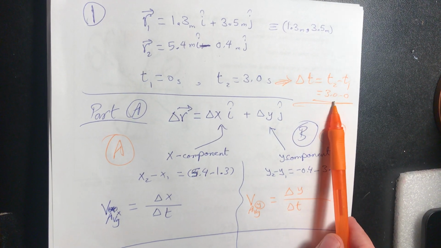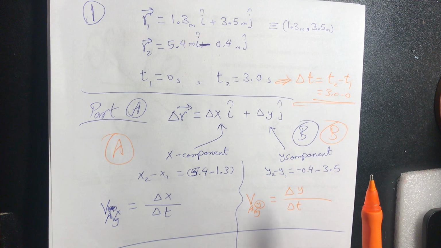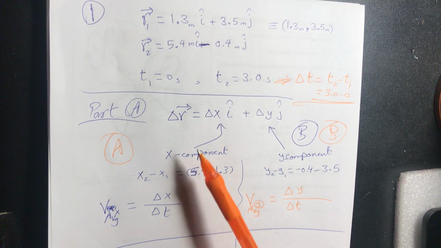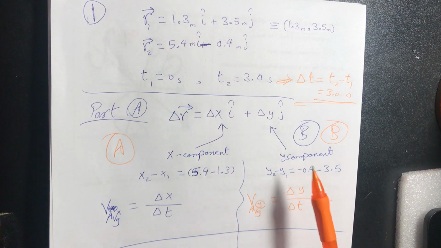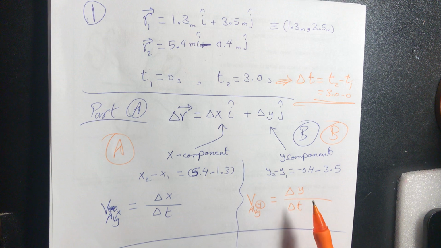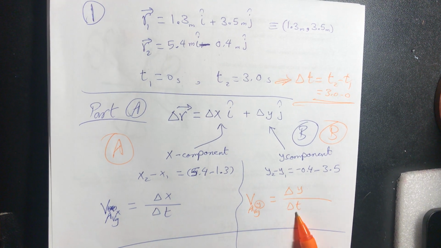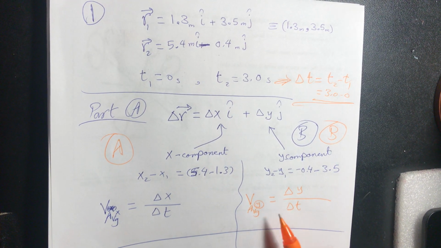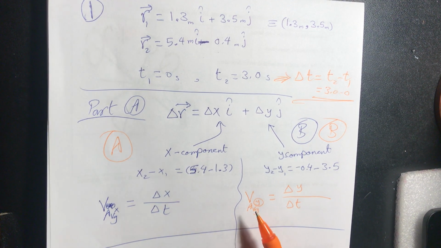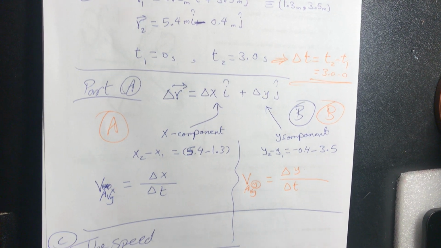And you have the time period. So you can compute delta x, which is x2 minus x1. Also you can compute delta y, which is y2 minus y1. Then you also have the time period, so you can find the average x velocity and the average y velocity.